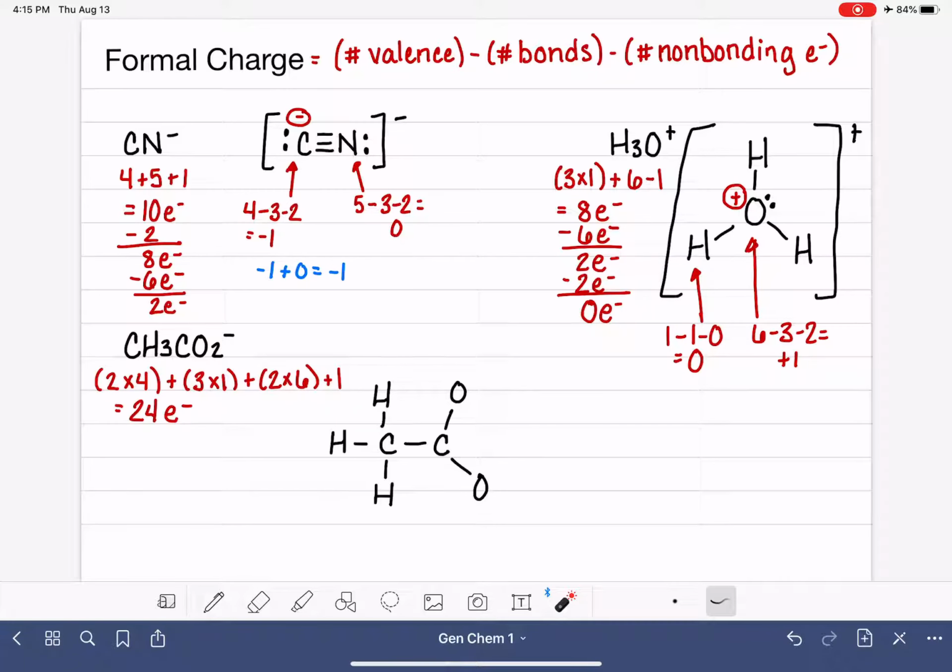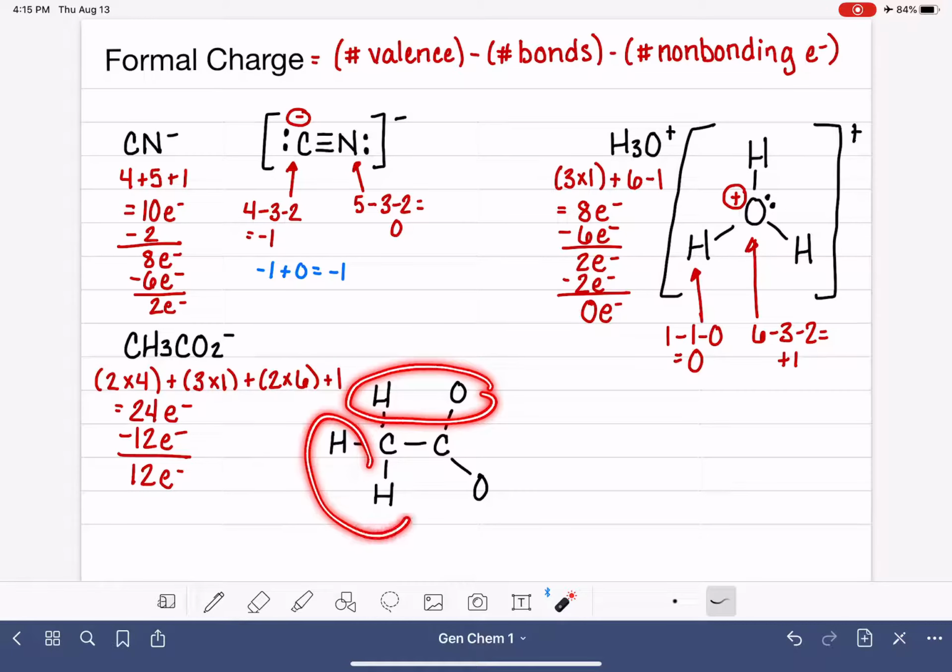And putting those atoms together, we used 2, 4, 6, 8, 10, 12 of our electrons. So let's subtract that, and we have 12 more to go. Let's work on our outer atoms, and we're going to define the outer atoms as the hydrogens and the oxygen. So the hydrogens each want to have 2 electrons, and they all do have 2 electrons, so all of our hydrogens are happy. Our oxygens do want an octet.